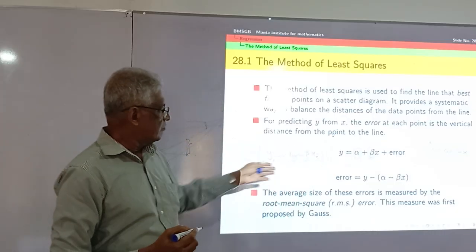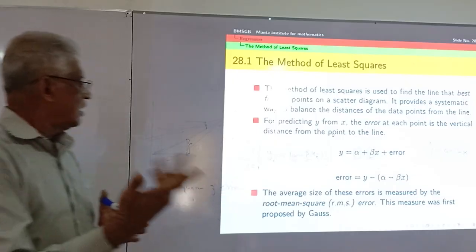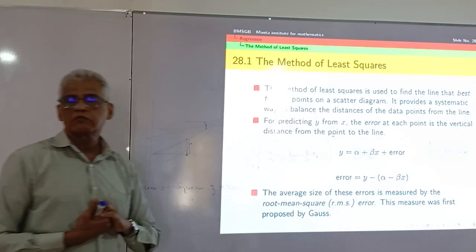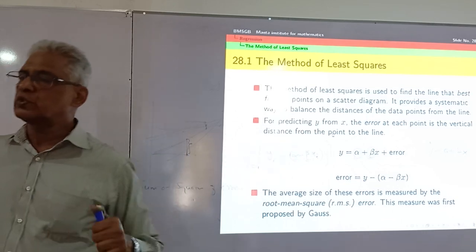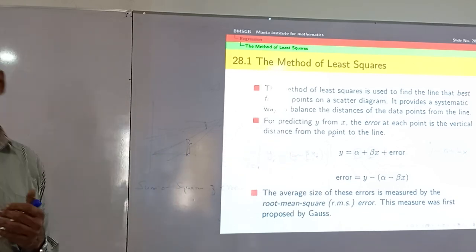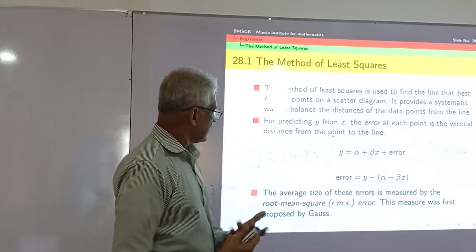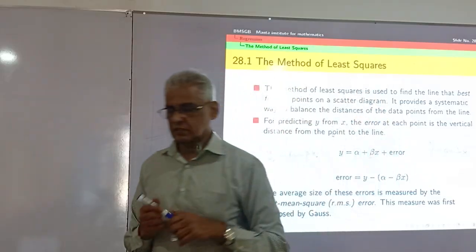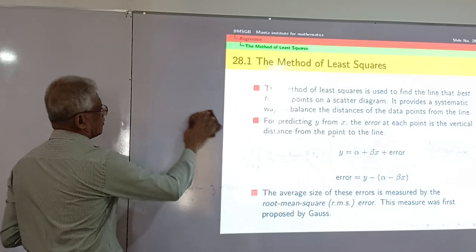So we minimize this quantity mathematically with respect to alpha and beta. Right? So you take the first derivative of this quantity with respect to alpha, the first derivative with respect to beta, equate both to 0, and then solve for those two values. Then the values that we get are denoted by a and b, right? So those are the estimated values. These are all least squares fits.